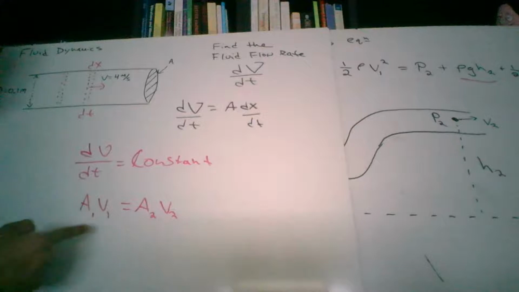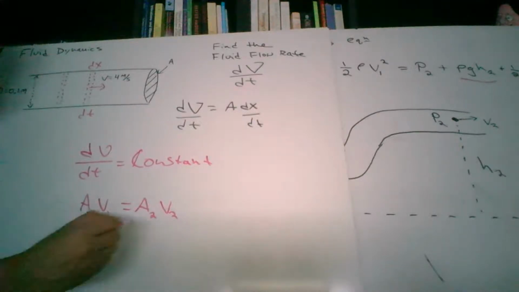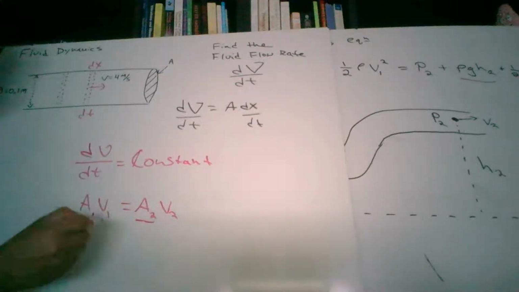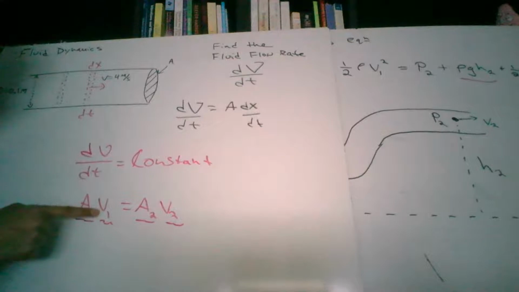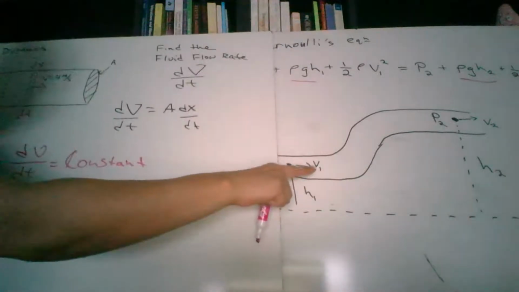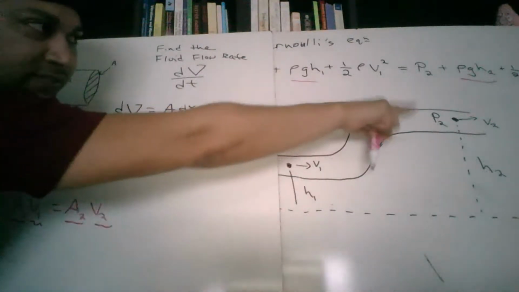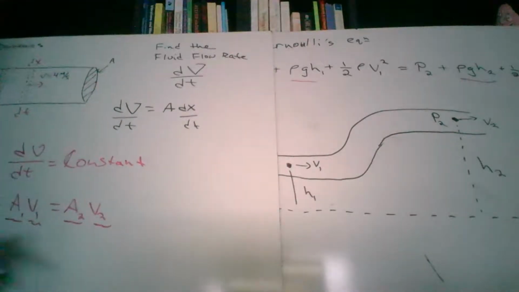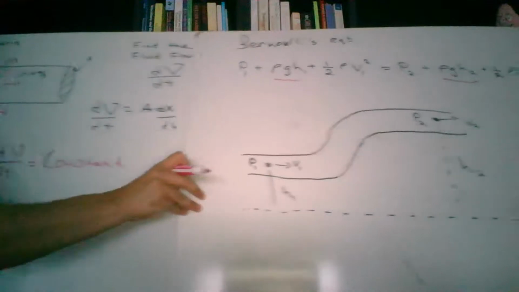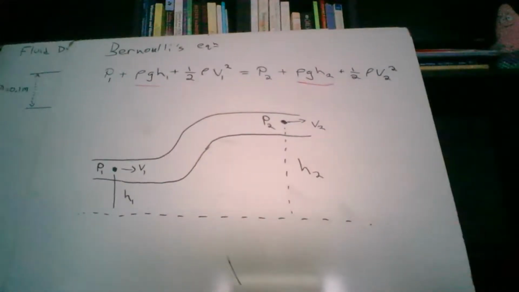And therefore, if A1 is equal to A2, then V1 has to equal V2. So the velocity of the water that's flowing down here is going to equal the velocity of the water over there. And that's because the cross-sectional area doesn't change. Okay? Why is that important?